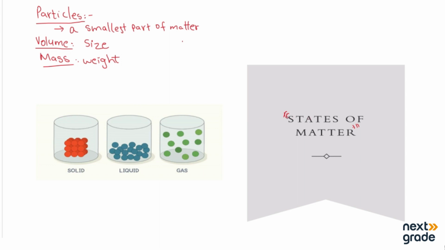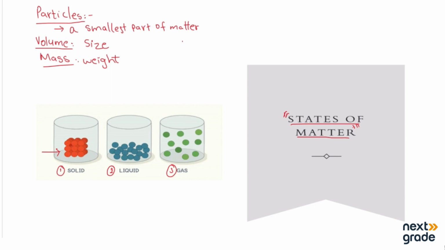And now we are going to discuss the different states of matter. Alright, so there are three states of matter. First, solid, liquid, and the third one is gas. You can see that there is a round shape figure shown in each of these boxes.